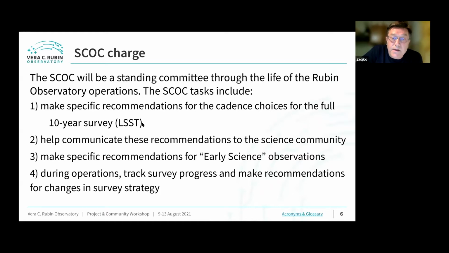Once we settle on this basic strategy for starting the survey, there will be strong drivers to modify it a little bit during the first 6 months or so to accomplish so-called early science observations. There was yesterday an excellent session organized by Lee and Guy, our project scientist for data management, and Bob Blum, the director of operations, where early science was discussed in detail, what it means and why we want to do it.